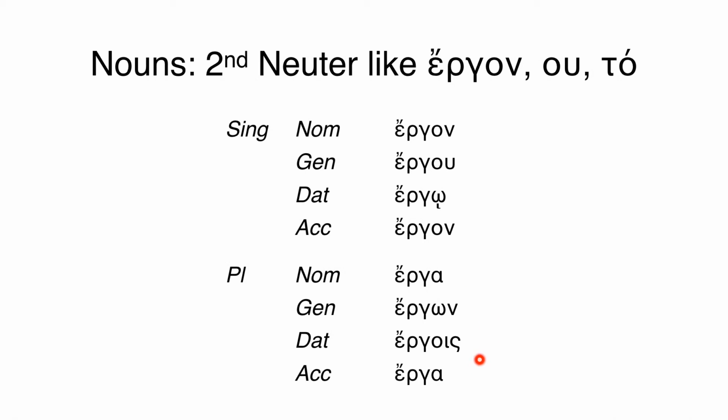The accusative and nominative forms are the same in the neuter case. So these are the forms for ergon, u, ta. They are second declension neuter endings. Any neuter noun that has the same lexical information as ergon, that is, ergon, u, and ta, will decline like this noun. These will be its noun endings through the various cases and number.